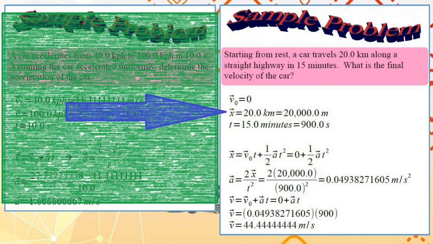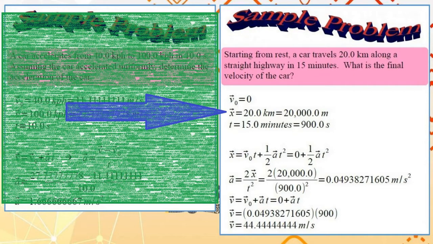The problem again gives us the time of travel, 15 minutes. That gives us t is equal to 900 seconds. Once again, the object is accelerating. As we can see from the problem, the object starts from rest, but the car travels a certain distance.